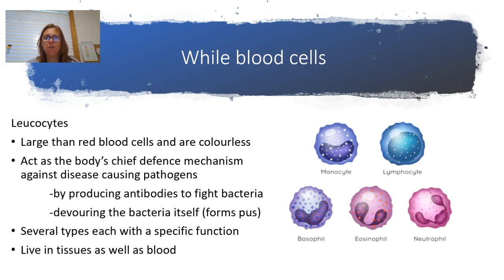They might devour the virus or the bacteria. And when it does that for bacteria, it produces our pus. Now, there are several different types, as you can see on the right-hand side, and each one of those will have a specific function, but for the moment, you do not need to know that. Now, our white blood cells live in tissues as well as blood and have a variety of lengths of time that they will live for. Some could be minutes, days, and some could even be years.